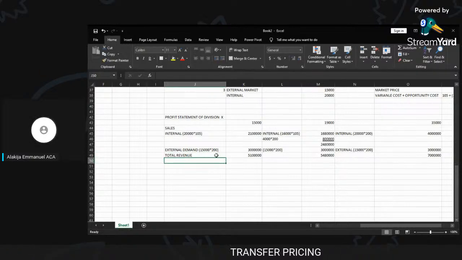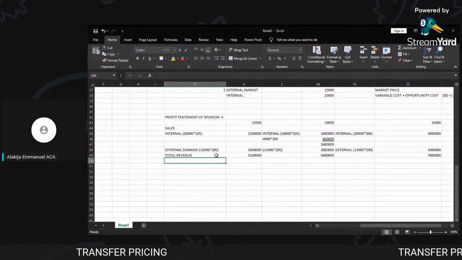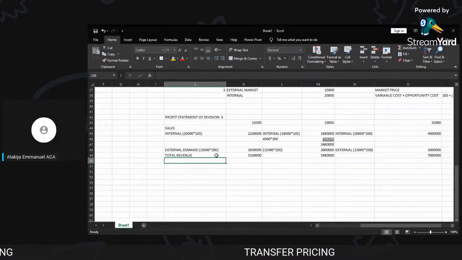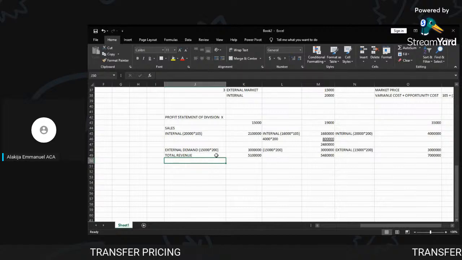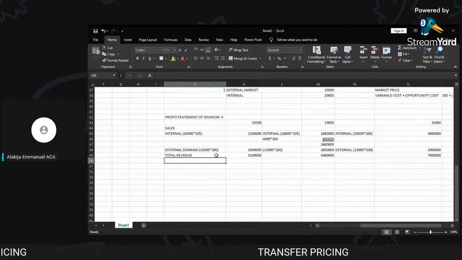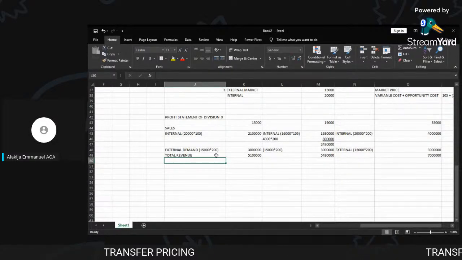So we can now look at the cost. The variable cost is 105.